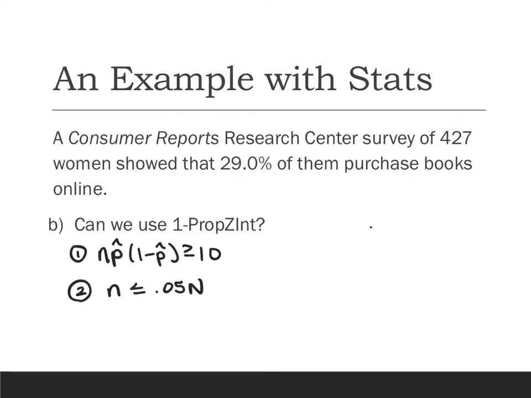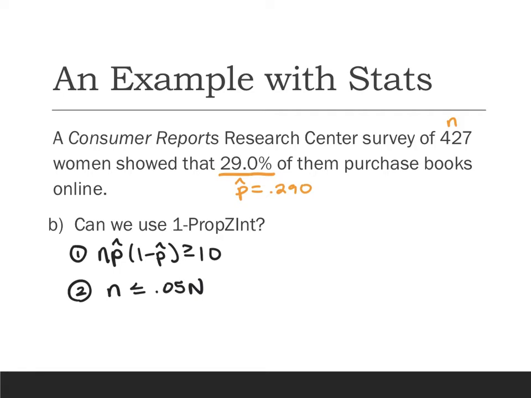All right, so remember that we said there were two conditions we had to check in order to be able to use the one prop z int. And those two conditions were to check that n times p hat was greater than or equal to 10, and n times 1 minus p hat was greater than or equal to 10. And so in this case, remember, we have p hat is 0.290, and we have n.